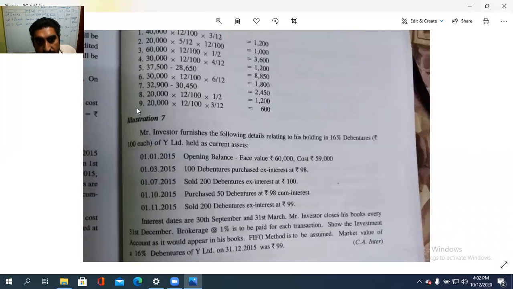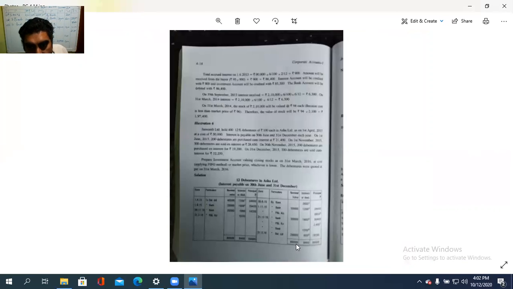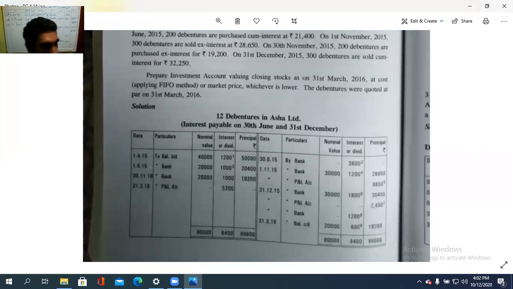Then for that 20,000, how much is the final interest? See, 20,000 into, this is which day? 31/3. So 4, 5, 6. So 3 months interest to be calculated. So that is 600. And finally, the amount is how much? I think it is 19,200. Yes, 19,200. That is taking the total of this and then this.